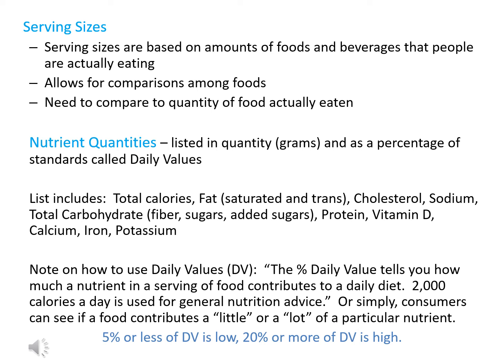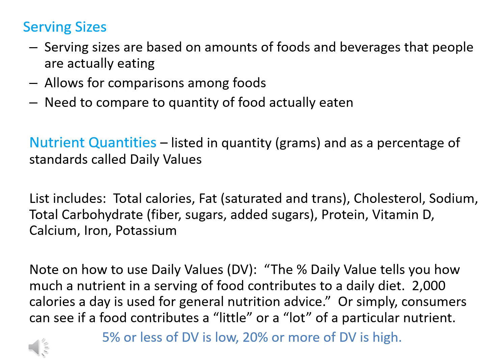In addition to the serving sizes, what else is on the label? Well, nutrient quantities. These are listed in gram amounts, and they are also listed as a percentage of standards which we call the daily values, and we'll talk about those in just a minute.